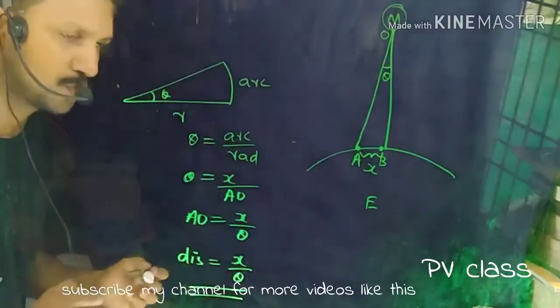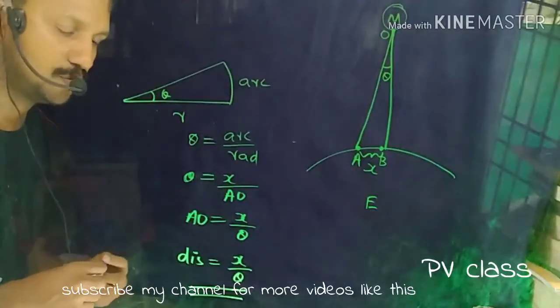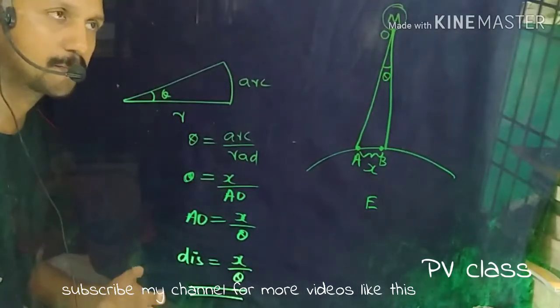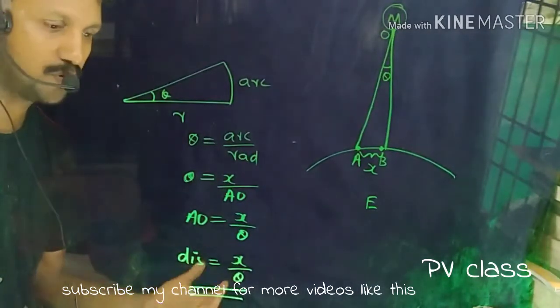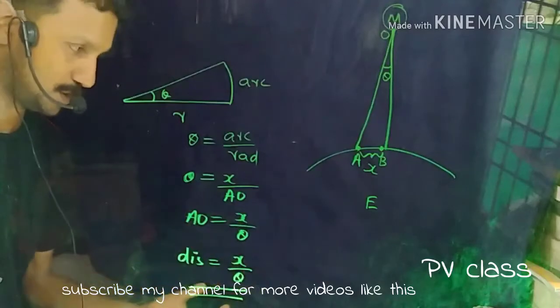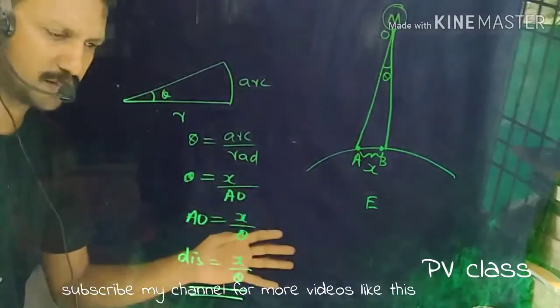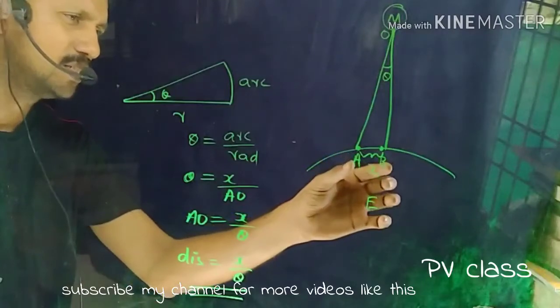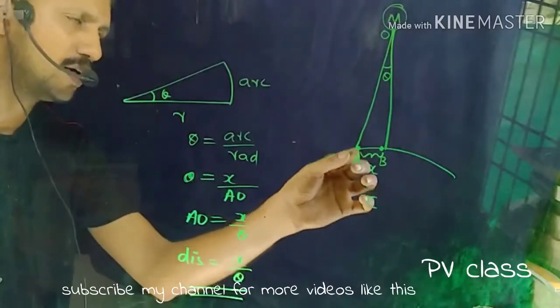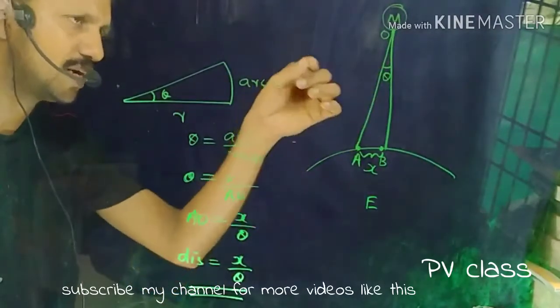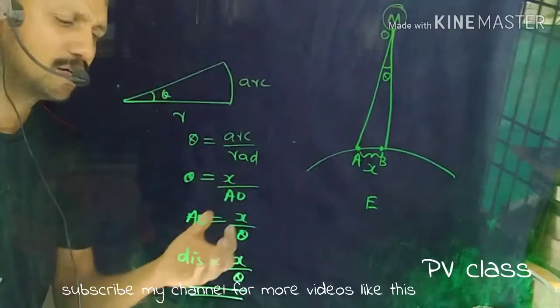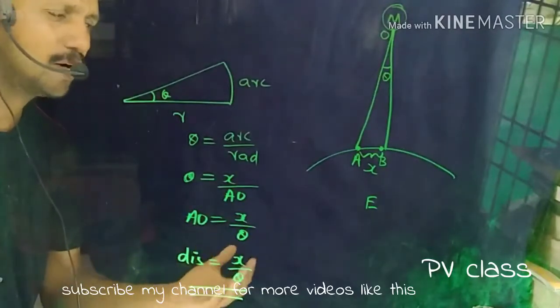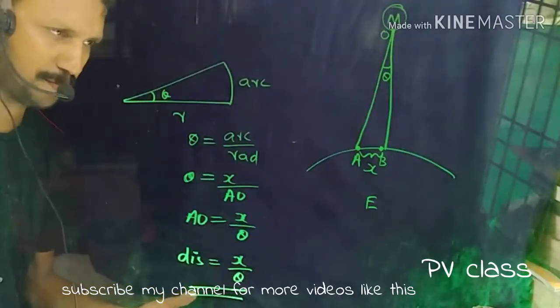And this is how we measure the distance from earth to moon by the parallax method. Hope you have understood this method. It's not an accurate method, it's an approximate method, but since this distance is very small and this angle is measured very accurately, it will give a somewhat real result.